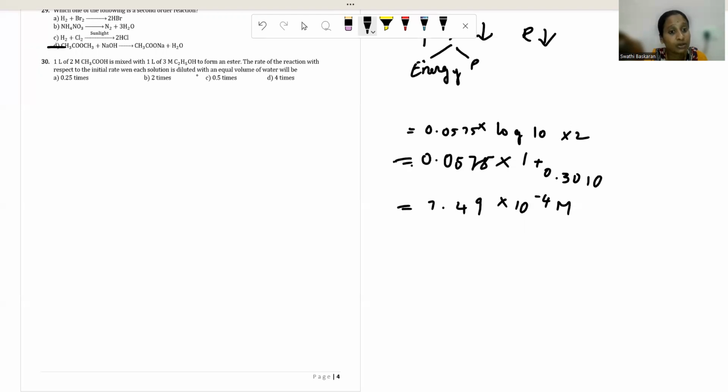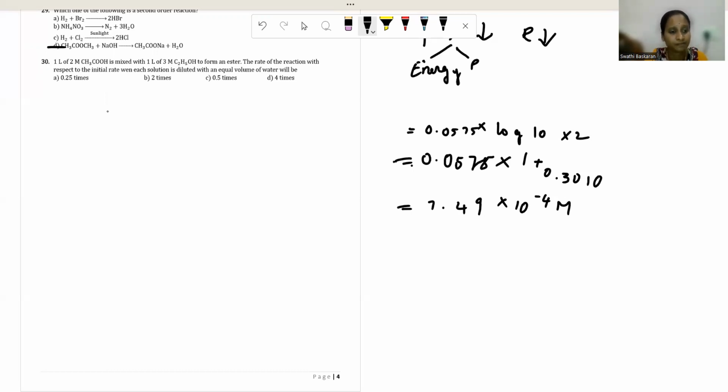Each solution is diluted with an equal volume of water. So if 1 liter of water is added to the 2 molar solution, the concentration will become half, correct? So now, with half of the concentrations mixed, what will be the rate of the reaction is what is being asked in the question.